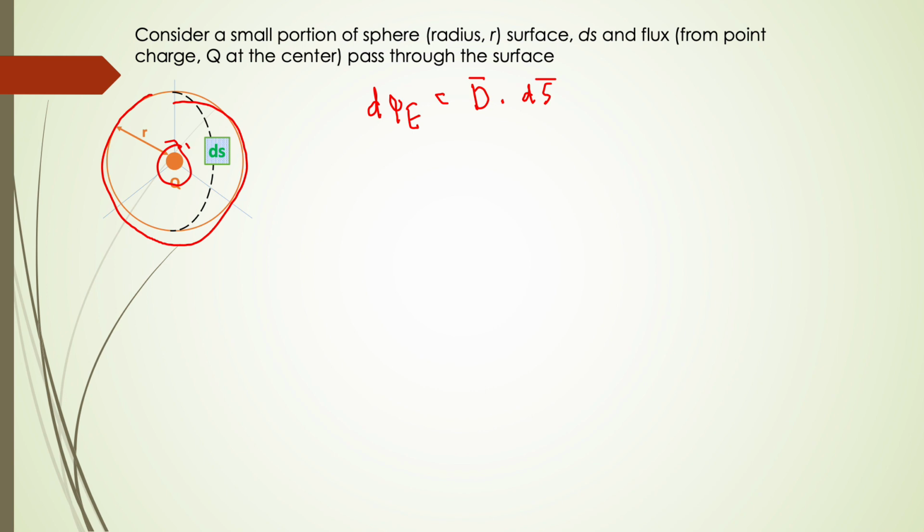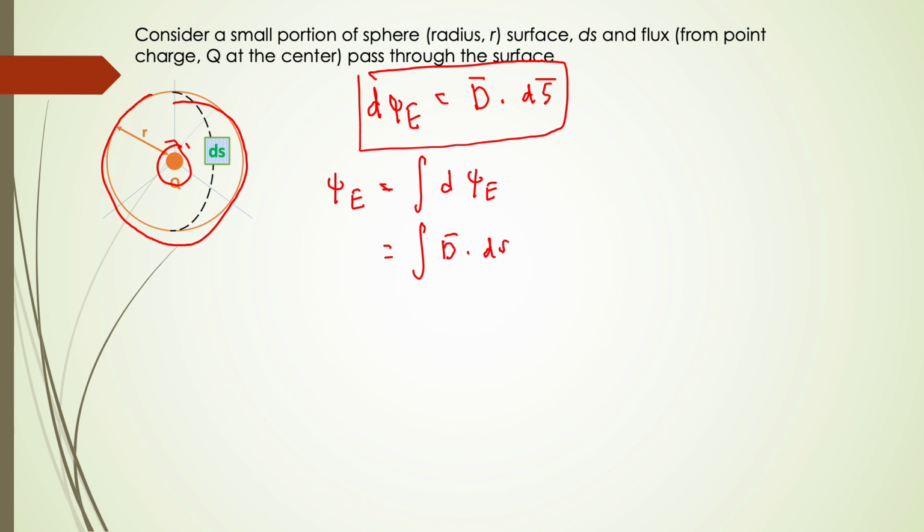You need to remember that this is a dot product. This is another formula, and it uses a dot product. From here, the total electric flux is given as the integration of d psi E, which equals D dot dS.